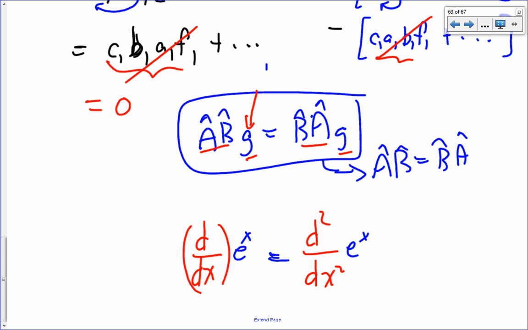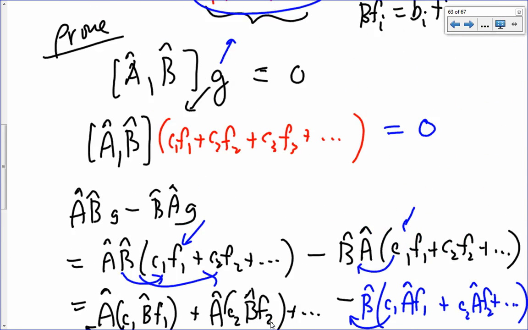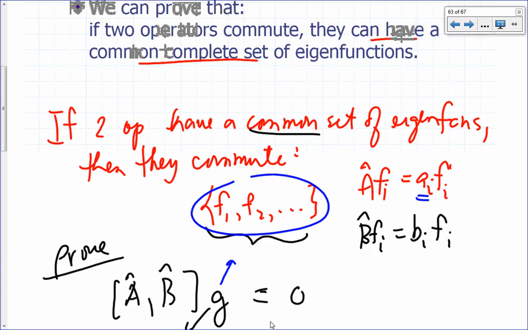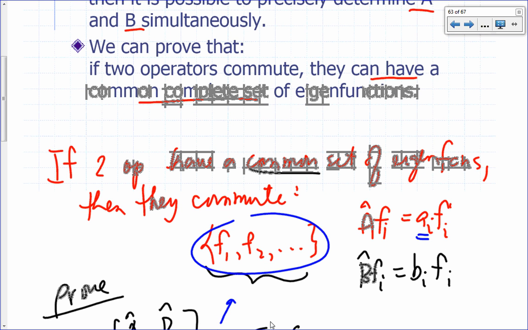But that doesn't mean the two operators are the same. So this is actually a wrong proof.